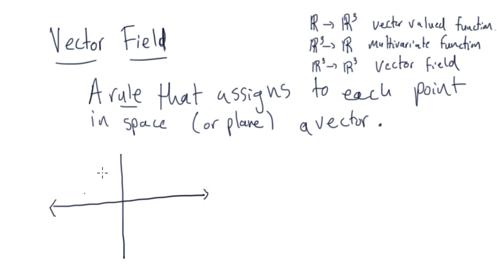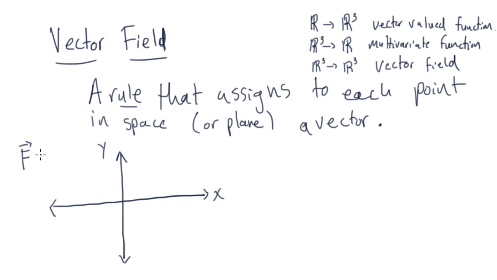So I said that a vector field is a rule, or really a function that assigns to each point, in this case in the plane, a vector. So let's denote our vector field by F. We'll typically use capital letters for vector fields, and again with arrows over the top just to signify that they are outputting vectors, just like with vector valued functions.